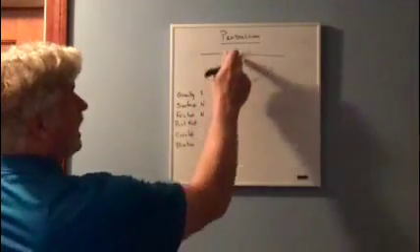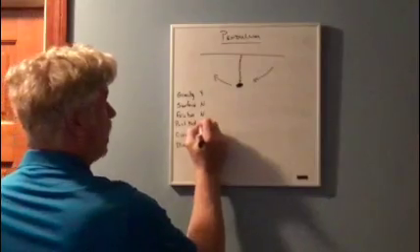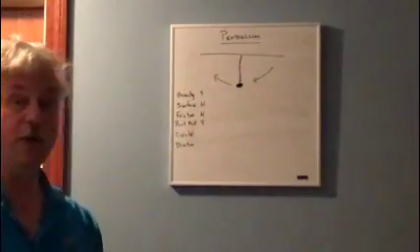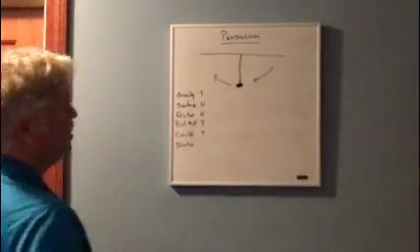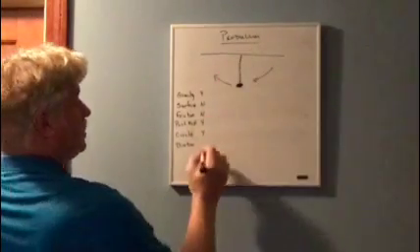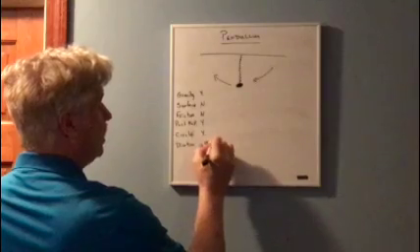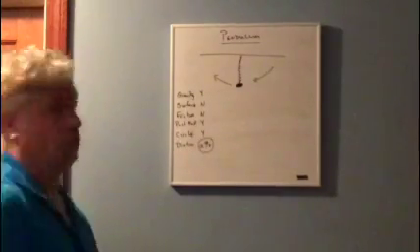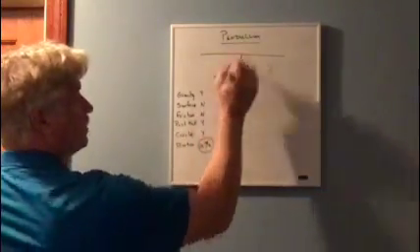Well, it is tied to this particular part, so this here is doing that, so we've got a push or a pull. Is it going in a circle? We already determined that yes, it was. And we know that the circle is going toward the center, acceleration is going toward the center, so acceleration is going in this direction, positive. Okay, so that becomes an important part. Acceleration is going this way.